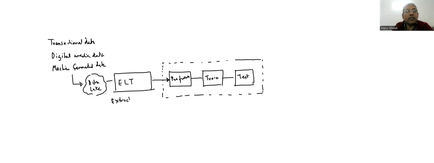So you need to first extract the data from any source, load it on the data lake, and then transform the data in a way that it can be pre-processed. Now, this entire activity is a pretty complicated activity, and it takes a substantial amount of time and resources. And this activity is called data engineering.